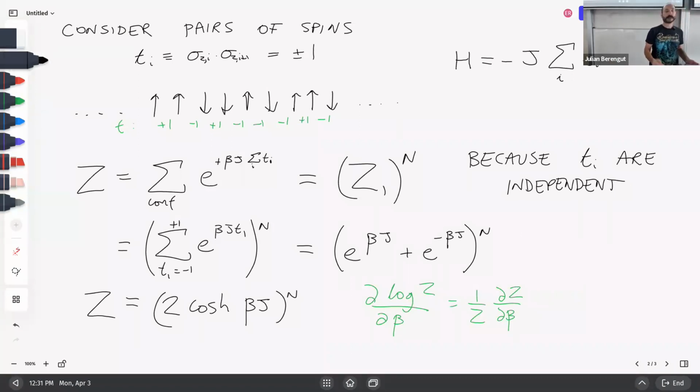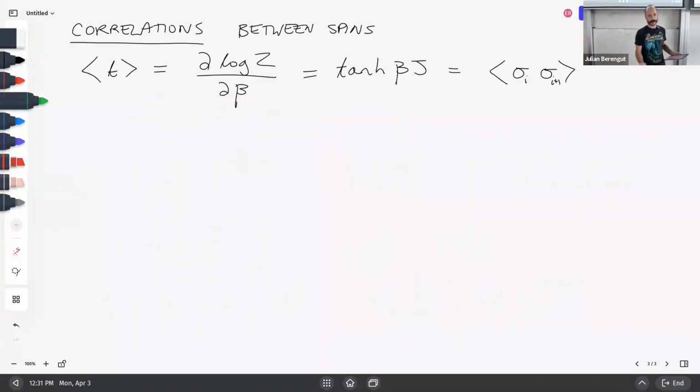Oh, I didn't understand the question. Different question. Where did T equals this thing come from? Why?